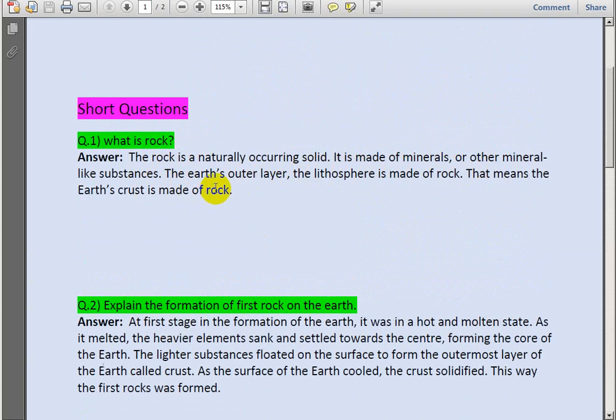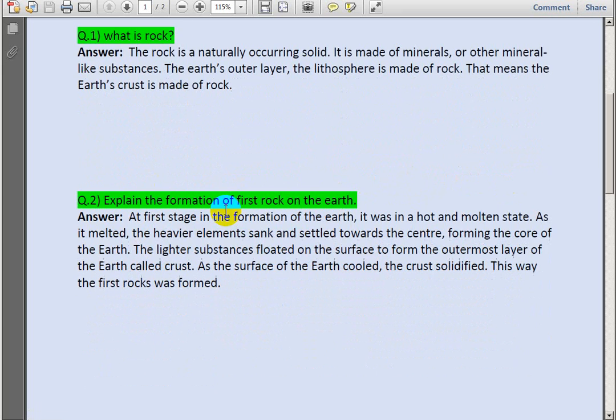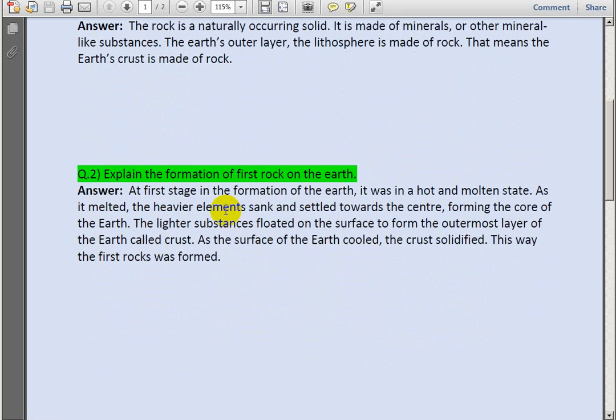The Earth's outer layer, the lithosphere, is made of rock. That means the Earth's crust is made of rock. This is the first stage of the formation of the Earth.